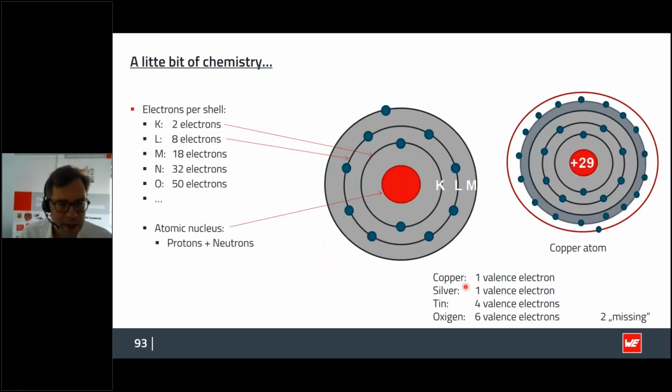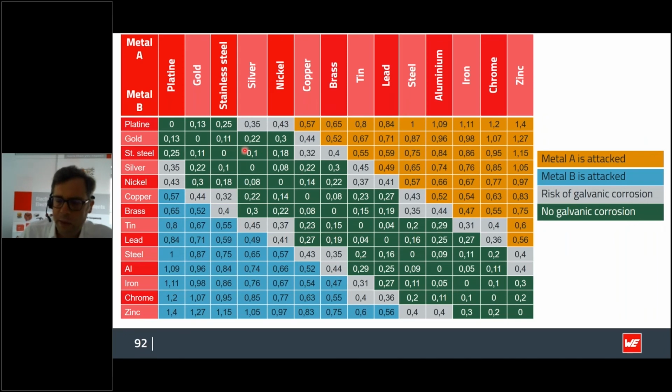So going back to that slide, as we said, some materials have the ability or the attraction for these electrons, and if you have some combination between the materials, it might be critical.